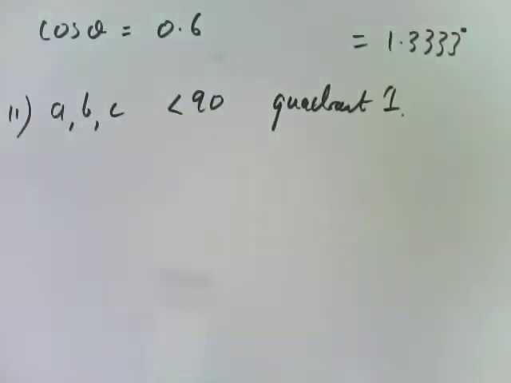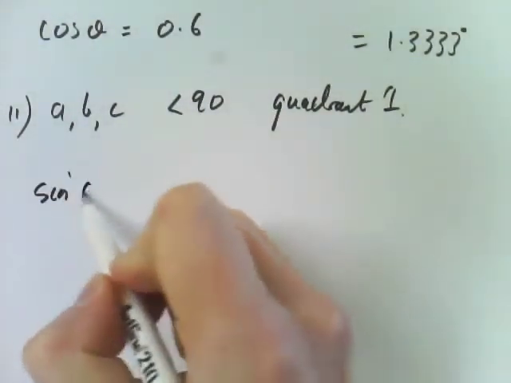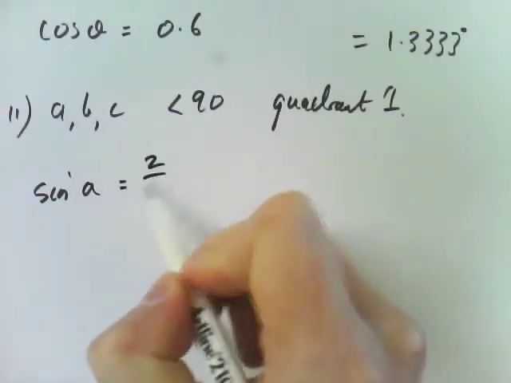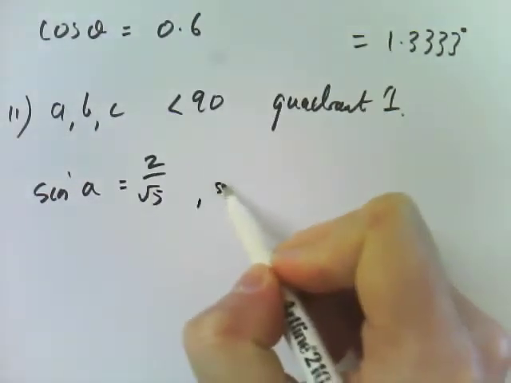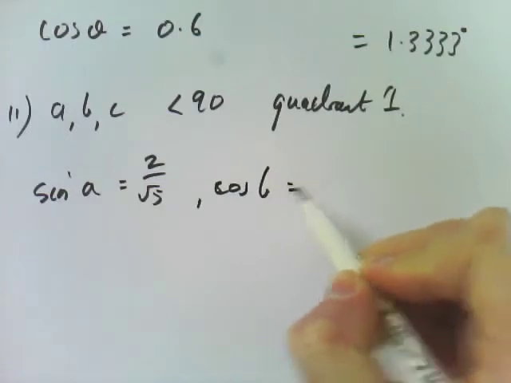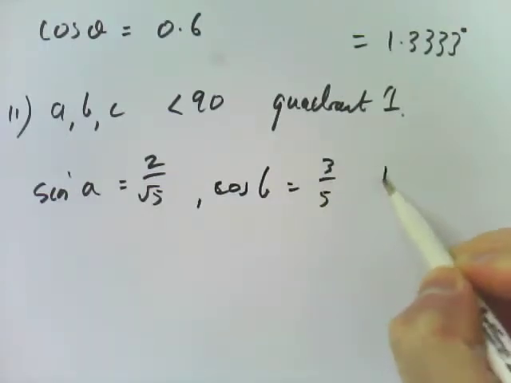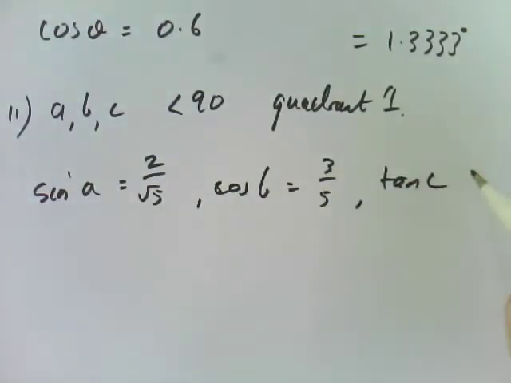Sine A is 2 over root 5. Cos B is 3 over 5. And tan C is root 11 over 5. So they've given us 3 different ratios, none of which interweave with each other. You've got C, B and A, so we can't do anything between them just yet.